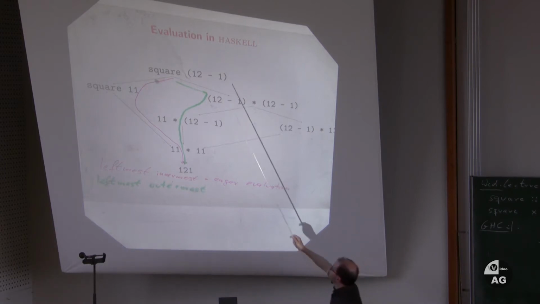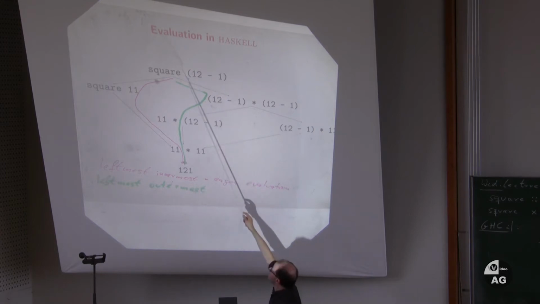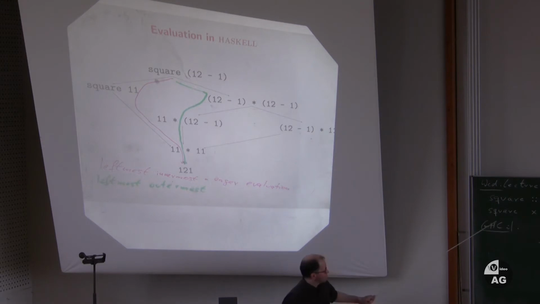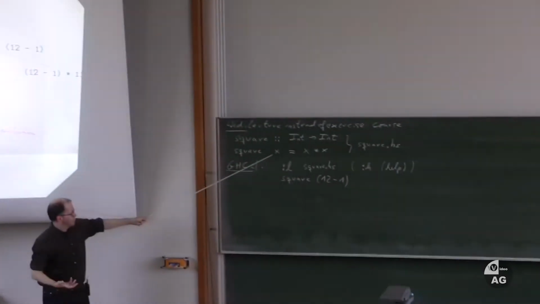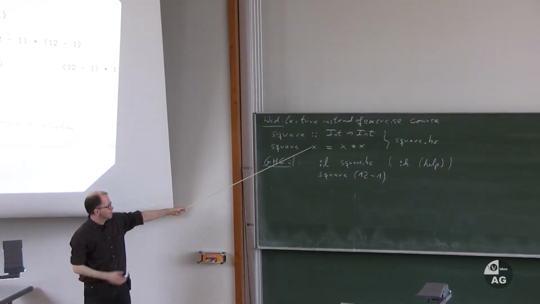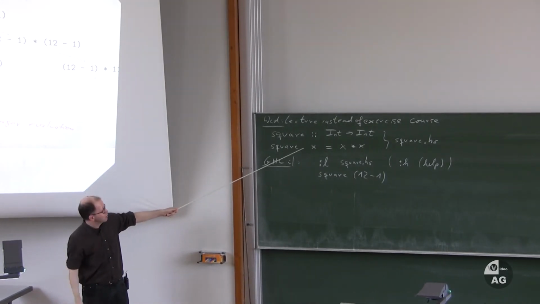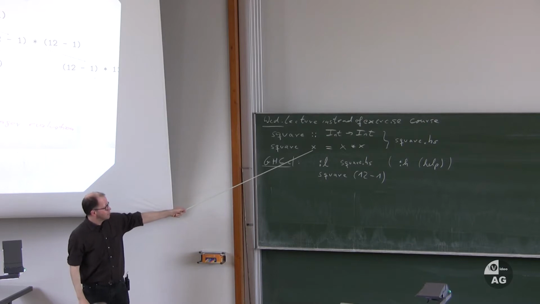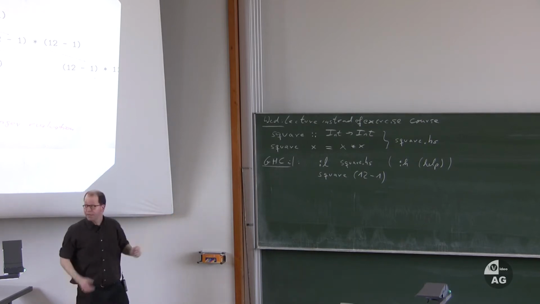We could say, well, let's not evaluate minus, but let's evaluate square. That's also possible because to apply this equation, the only thing we have to do is instantiate this variable in such a way that the left-hand side corresponds to the expression that we want to evaluate. So why don't we instantiate x by the expression 12 minus 1, the non-evaluated expression 12 minus 1?